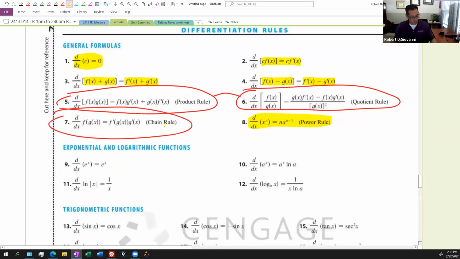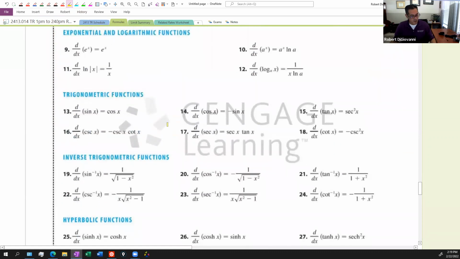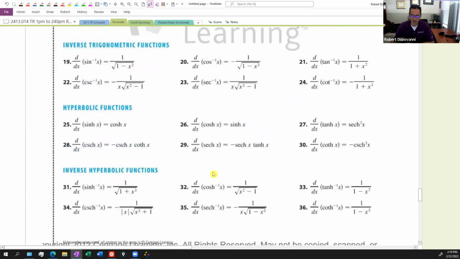And if you continue to scroll down, you can see here the derivative of sine is cosine, derivative of cosine is negative sine, derivative of tangent secant squared, and then the other 3 are here as well. And then there's a whole bunch more, but you don't need to know any of these yet. You get to Cal 2. In Cal 2, the first week, we cover all these. We just say, okay, let's just knock these all out. These are all new derivatives that you learn in Cal 2.